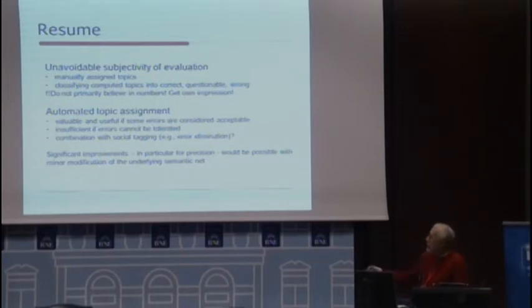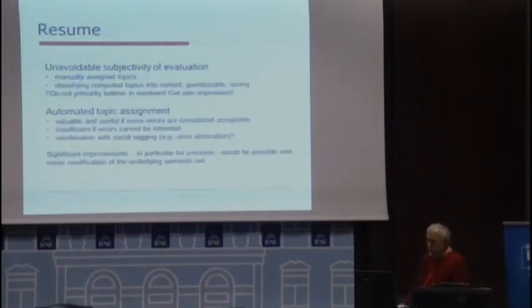And if we then later classify computed topics into correct or questionable or wrong topics, then again, two persons would not completely agree on this. We do not have any good way to deal with this. My recommendation would be, whenever you read a comparable investigation, do not primarily believe in numbers, try to get your own impression. Recall and precision values can be very misleading if you do not know what has been measured exactly.